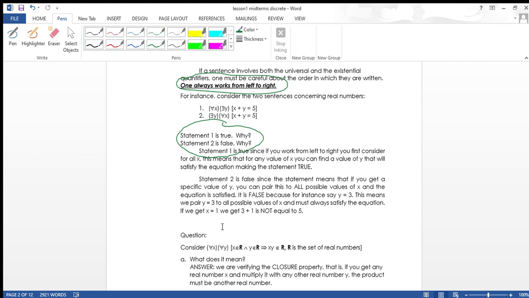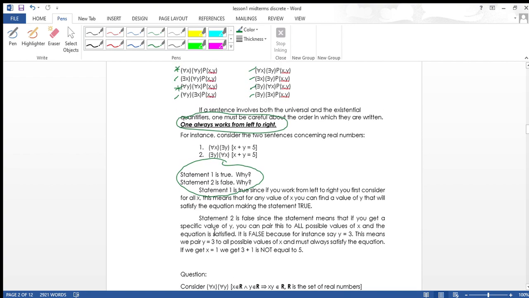So, just in case it is not given, like in this example here, then we can use the set of real numbers. Okay? We can use the set of real numbers as our basis. Okay, going back to this one.